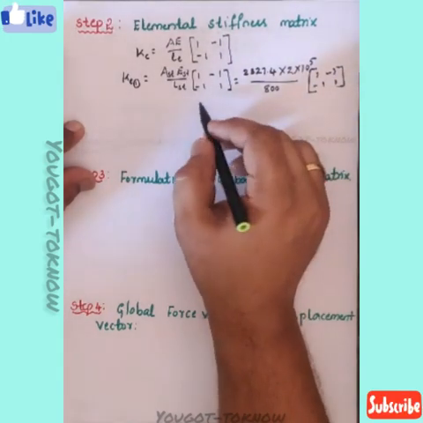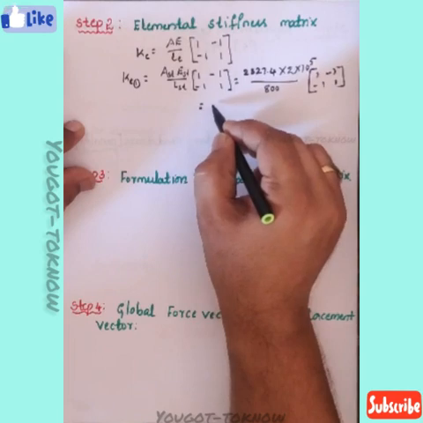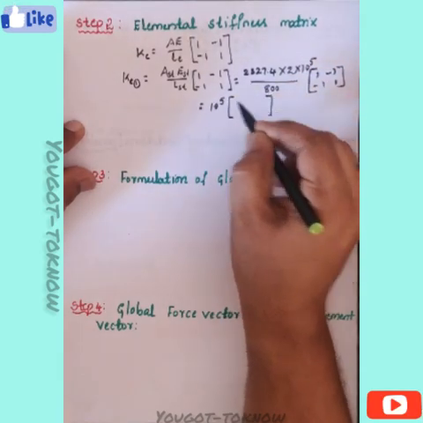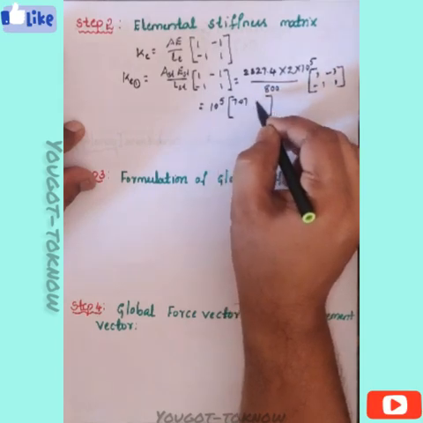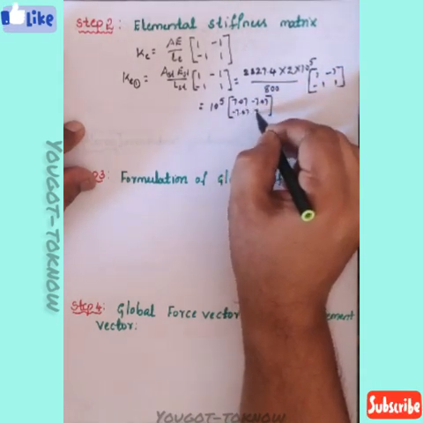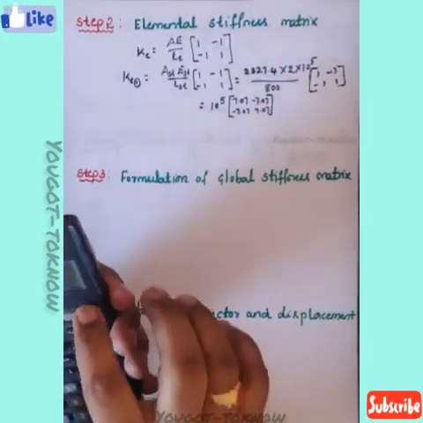Now if you calculate, keeping 10 power 5 common, you are going to get a matrix 7.07 minus 7.07 minus 7.07 7.07. If you want to check it, just substitute in the calculator.